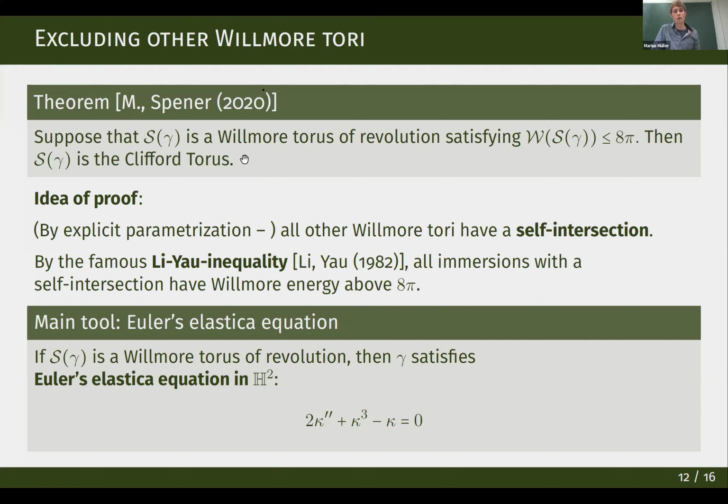And the main tool is now that you have these explicit parametrizations of Euler's elasticae, and so of the critical points of the Willmore energy or of the elastic energy. Now it's all the same. This is the equation that a critical point of this energy has to satisfy.